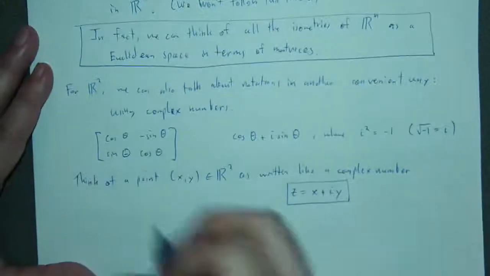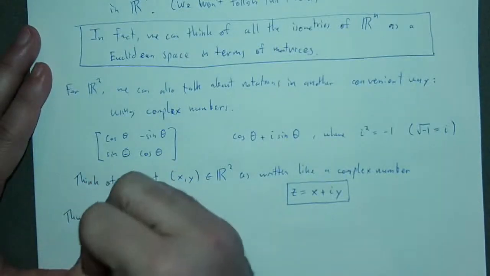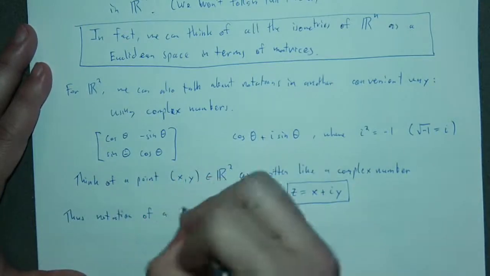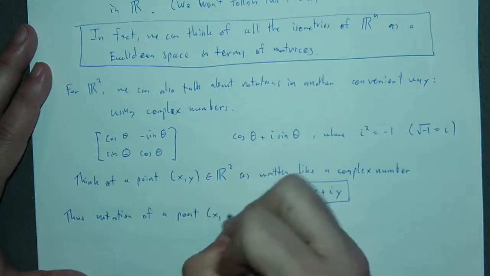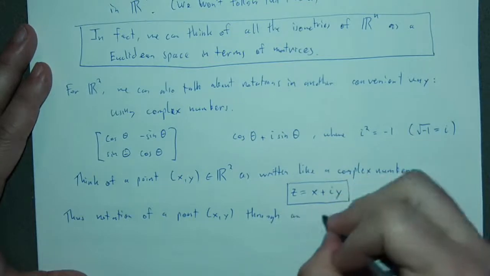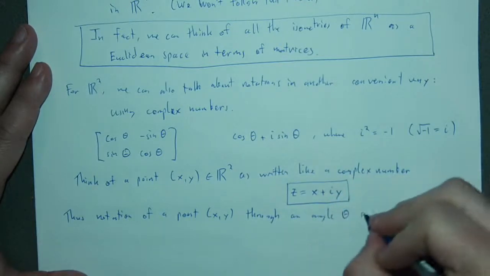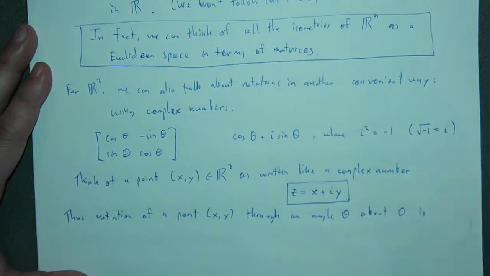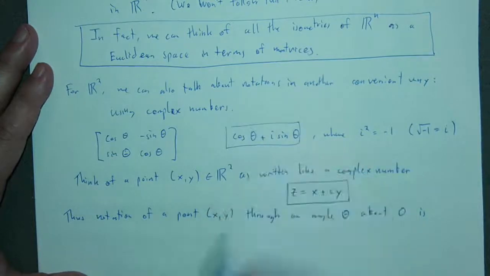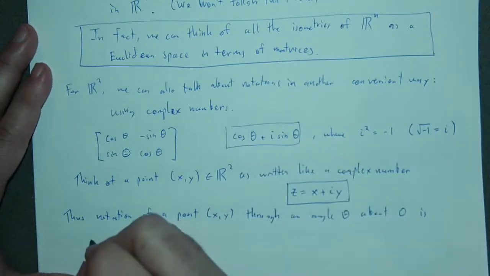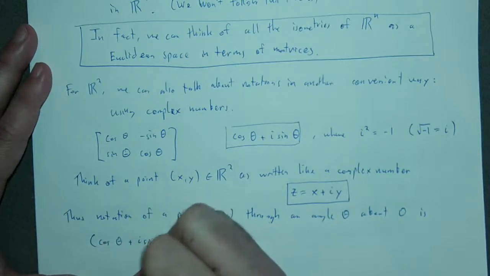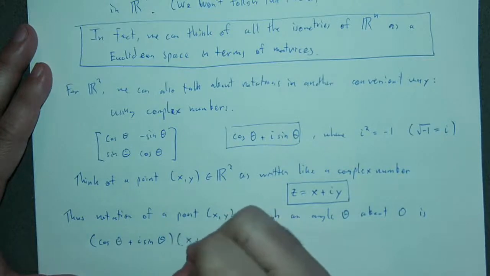And so, thus, rotation of a point xy through an angle theta about the origin is given by multiplying by this complex number cosine theta plus I sine theta. So this is cosine theta plus I sine theta times x plus I y.